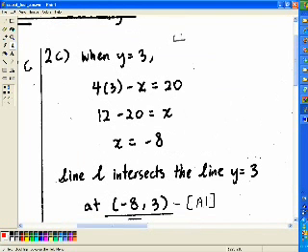Your equation is 4y minus x equals 20. Y equals 3, and that's why it becomes 4 times 3 minus x equals 20. You simplify this, you'll get x equals negative 8. Just like for 2a, you're asked to find the coordinates. And that's why your answer is (negative 8, 3). This is for question 2c.